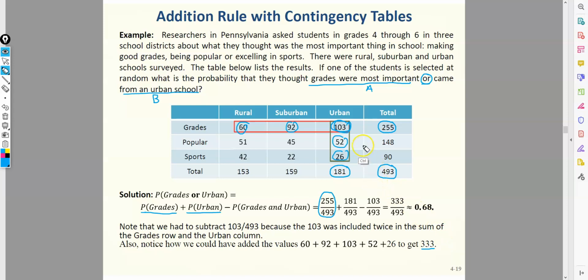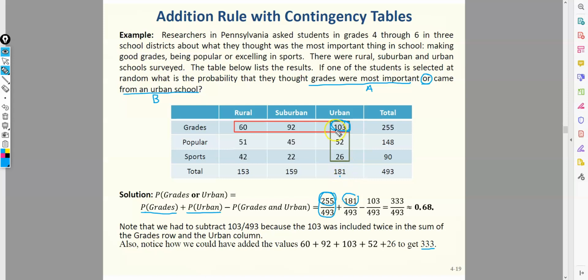And also keep in mind here, you see why we have to subtract off this 103 right here when we apply the addition rule once again, because the 103 is already included in the 255, and in the 181 it is also included in this number.